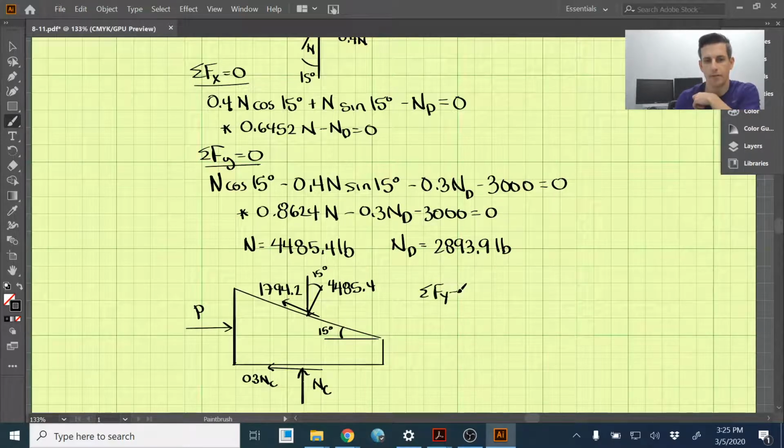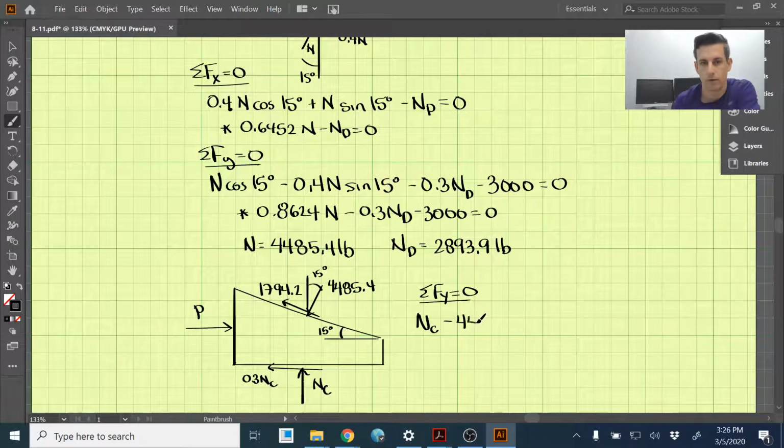Let's sum the forces in the y direction and set those equal to 0. So we have NC upwards. We have our normal force here, and that should be in the negative direction, so that's negative 4485.4, and that should be cosine of 15 degrees.